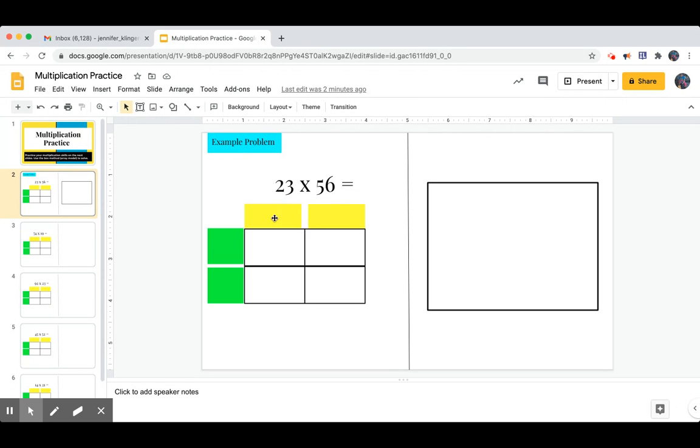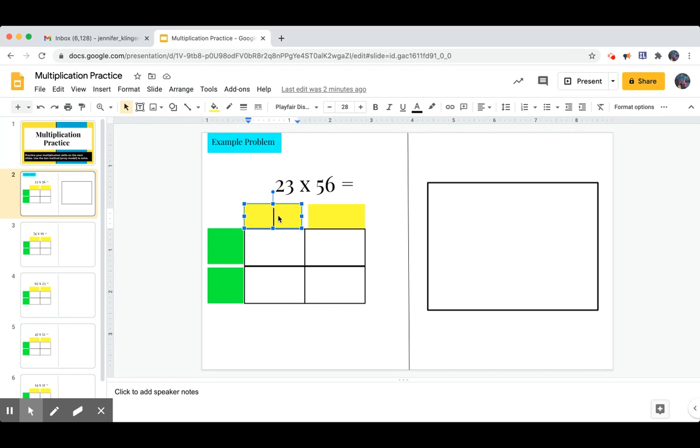My 2 is worth 20 because it's in the tens place. So I'm going to hover over my box and double click, and it's going to bring up my cursor in here. So it's going to be a flashing line. And I'm going to put the number 20 because I know that my digit 2 is actually worth 20.